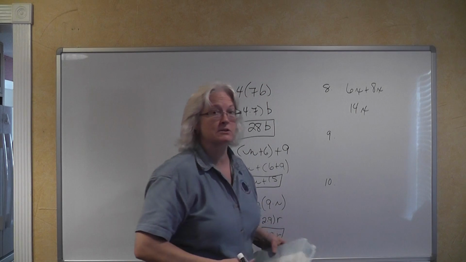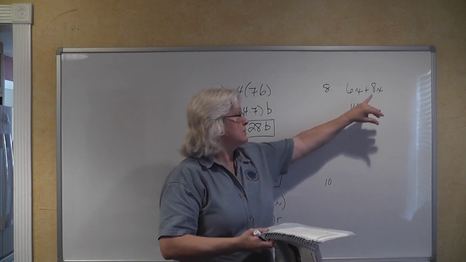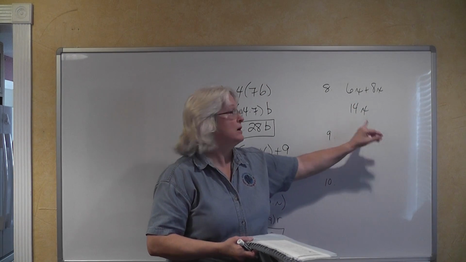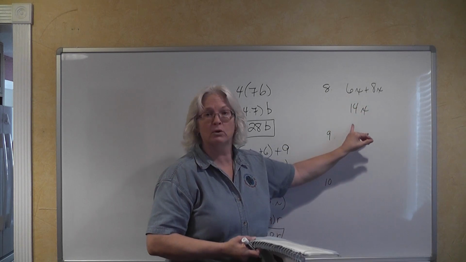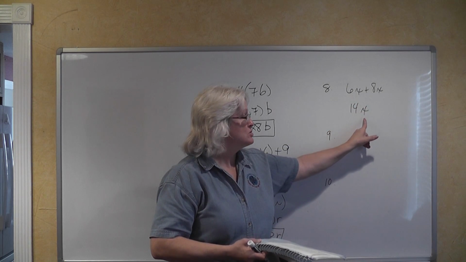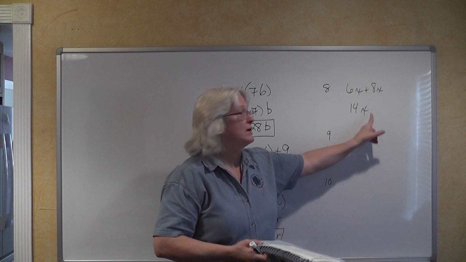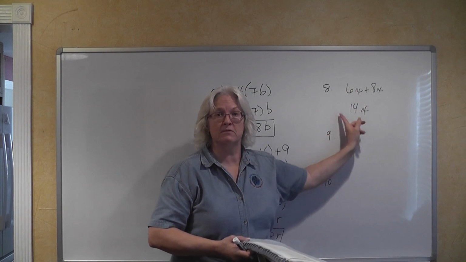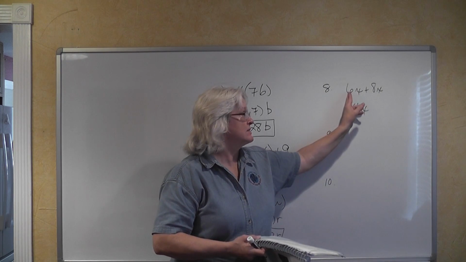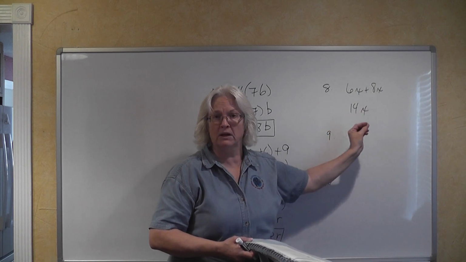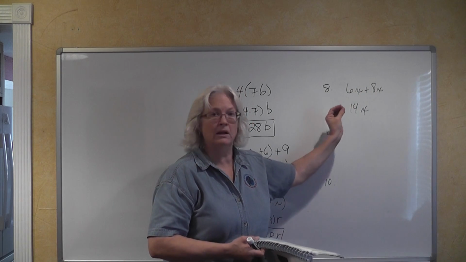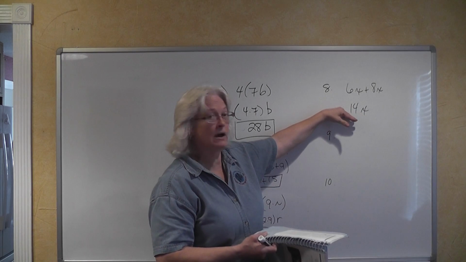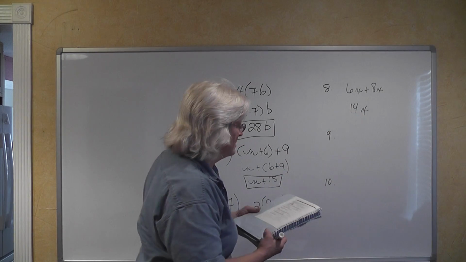And you keep the variable. It's not 14xx or 14x squared. It's just the same variable. 6 apples plus 8 apples is 14 apples. It's not 14 apples squared. That's how you are going to combine like terms.